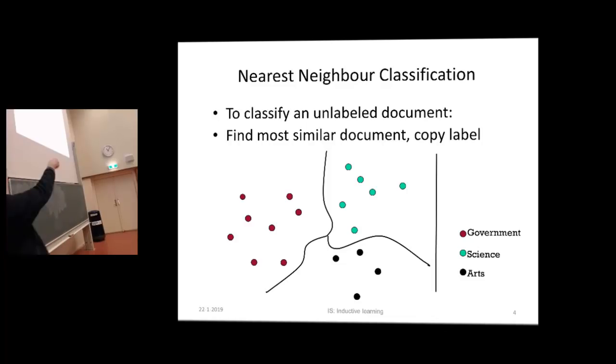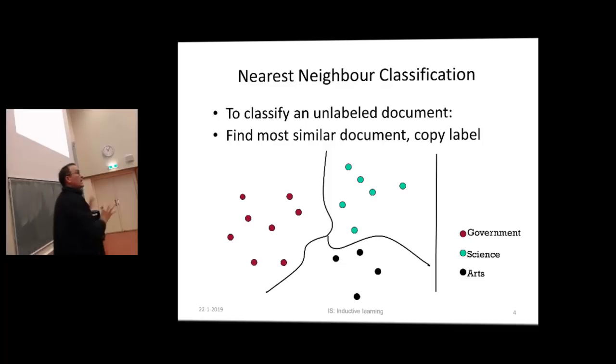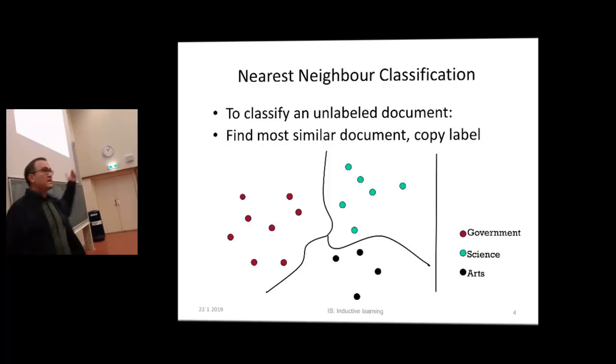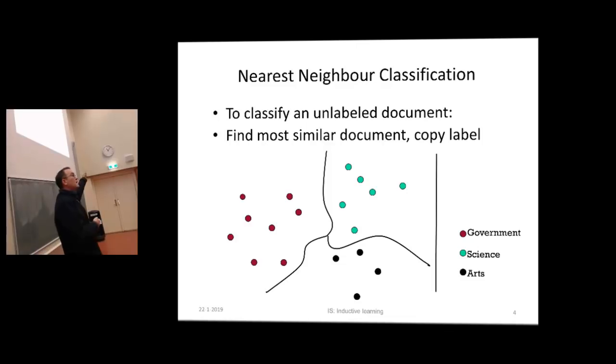The task is to classify a new object when it comes, in this case according to 3 categories: government, science, and arts. And we have some features, could be a text or whatever. The algorithm would be to find the most similar one according to the similarity relation defined by our attribute set, and just assign its label.